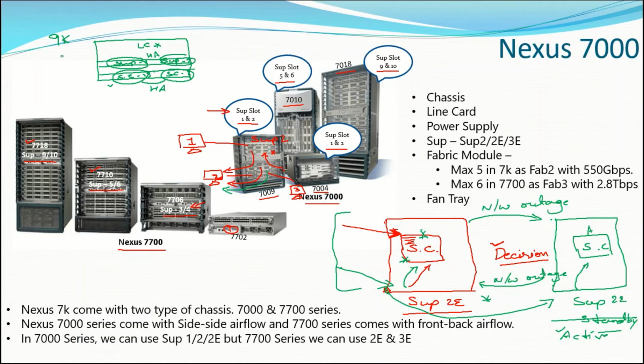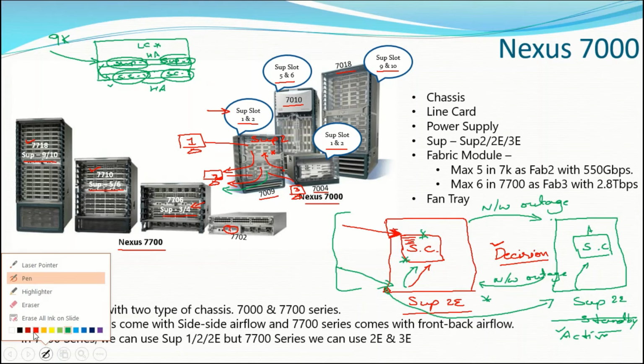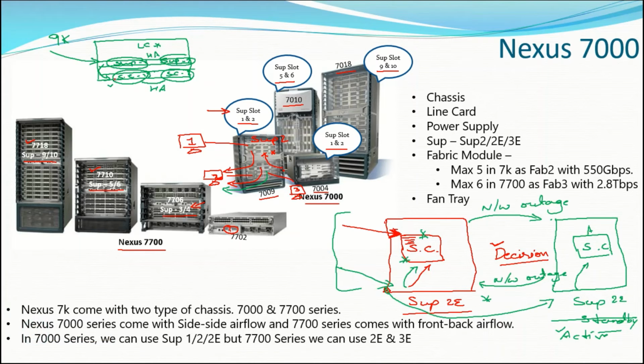For example, when any request comes, supervisor engine 1 does the processing and tries to hand this task over to system controller A. If at the same time system controller A becomes faulty for any reason and goes down, the request is immediately rerouted to the standby supervisor engine's system controller.